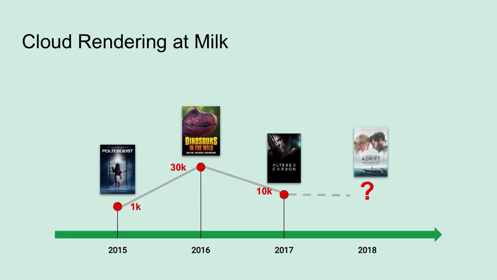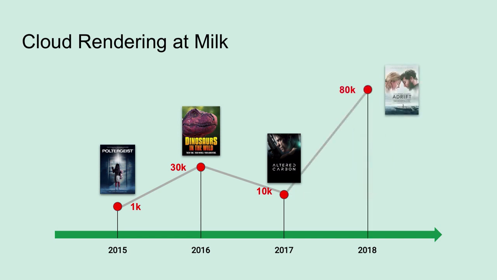If we're looking at the previous projects I mentioned before here, we see the number of cores that we peaked at. On Adrift, with the scale of the project and the deadline we had, we knew that we had to push things farther, and thanks to some of the solutions that I explained before, we managed to reach an average of 80,000 cores over the whole rendering, which lasted 8 weeks.